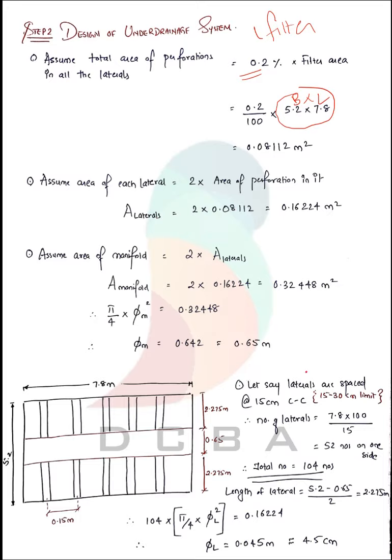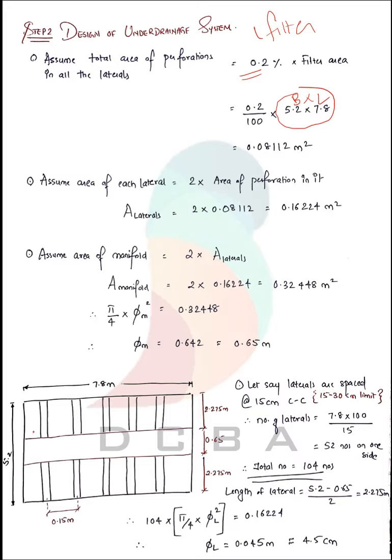Let us say that laterals are spaced at 15 centimeters center to center. So 15 to 30 centimeter is the limit that we have covered in the theory. Therefore, how many laterals on one side can we provide?